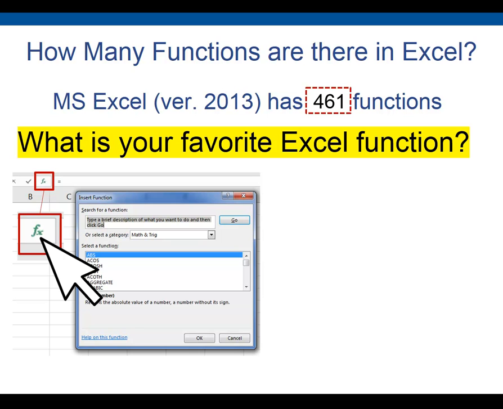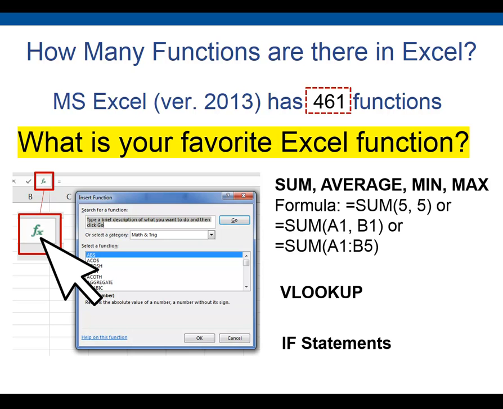Some students say average or standard deviation. Those are very frequently used functions. Here you can see summation, average, minimum, maximum. Those we use very frequently in Excel. The other ones are the VLOOKUP function and the IF statement. These two functions are very powerful in Excel, so let me explain them later.